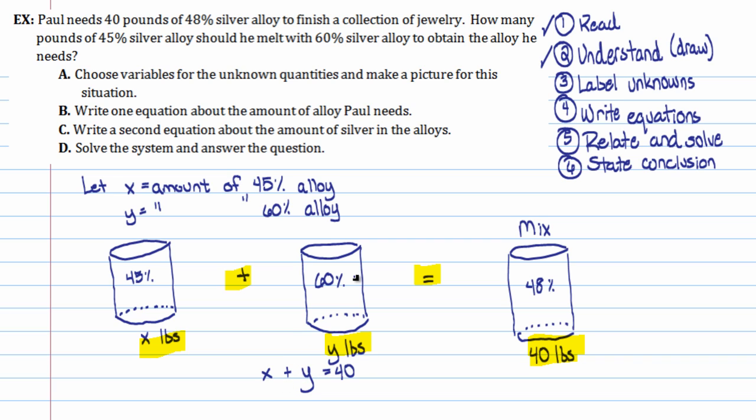We need two equations. So the other one I can do is say, well, wait a second, 45% of that x is going to be pure silver. So I could say 45%, or in other words 0.45x, plus 60% of that y, so 0.60y, should equal 48% of that 40 pounds.